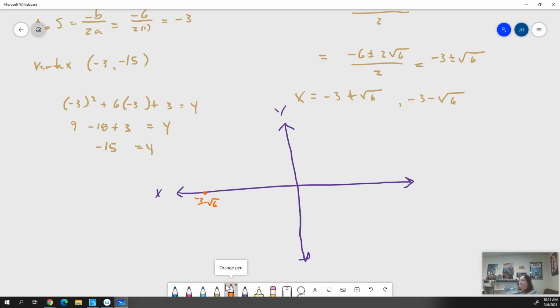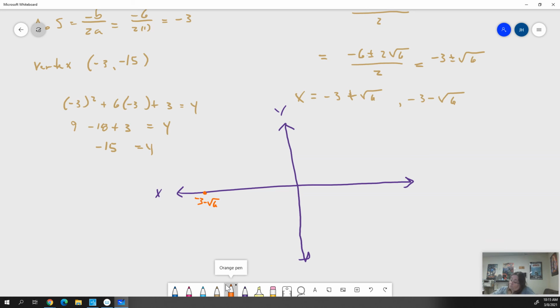Minus 3 plus the square root of 6 is still going to be on this side because the square root of 6, well, I don't know what the square root of 6 is.